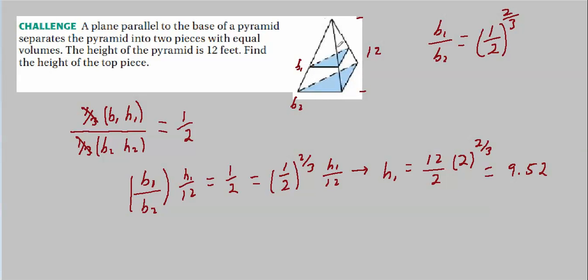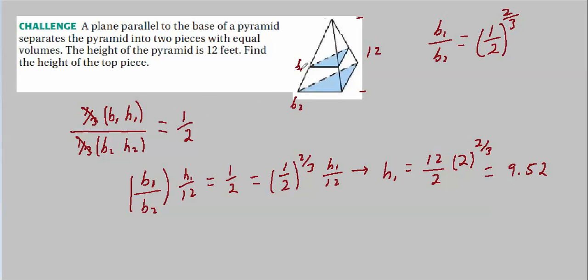The important part here was, number one, recognizing that your volume ratio is the cube of your scale factor. It's not going to be your scale factor, it's the cube. You have to take the cube root, and then square it, and that gives you the scale factor for the bases.